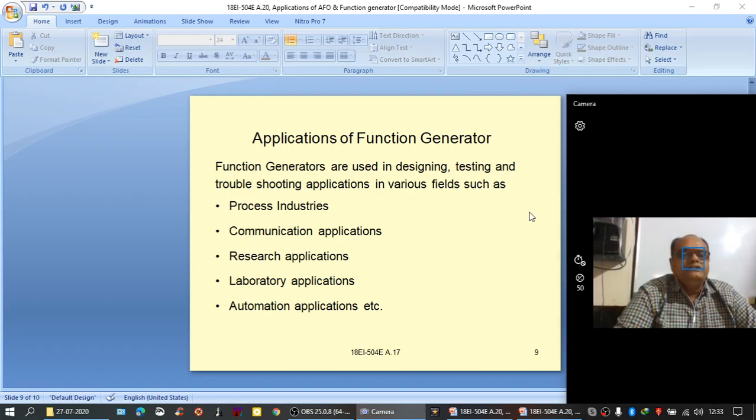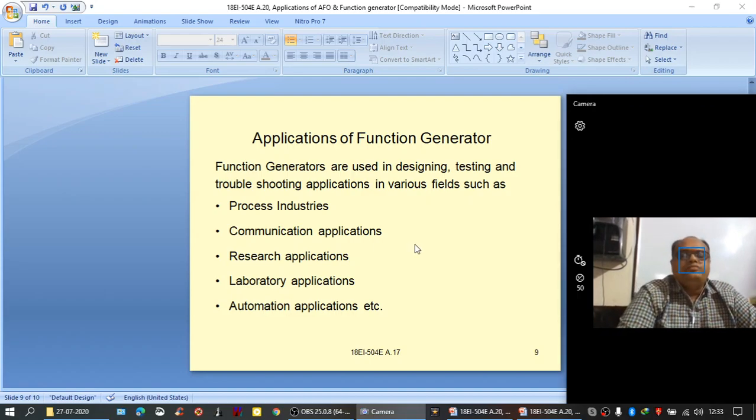Those inputs are used to make the controller circuit work efficiently and see that the parameters in the process industry are maintained at the desired levels. That is the first application, in process industries.